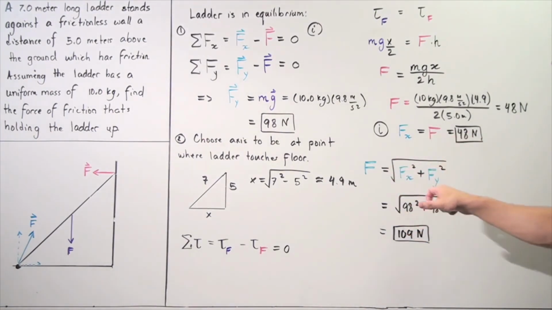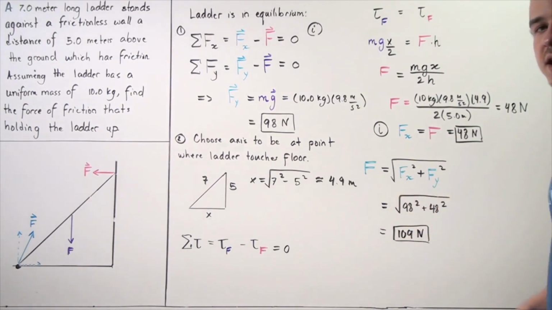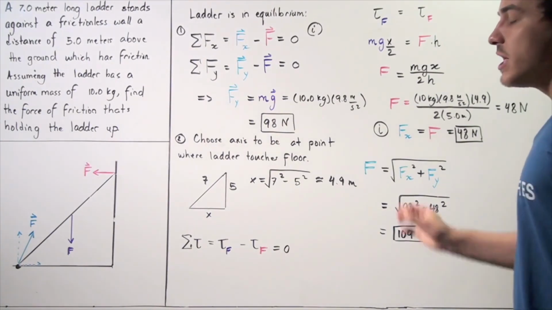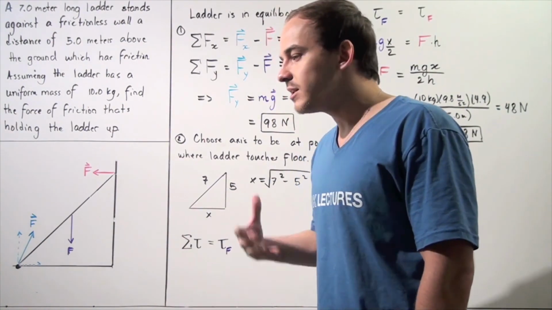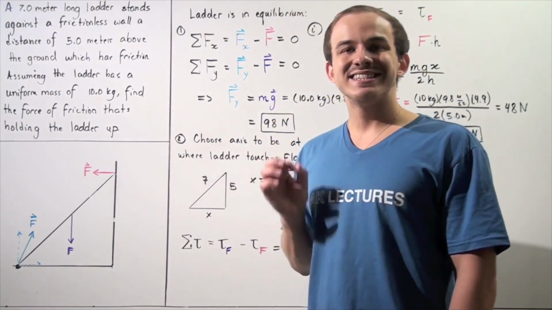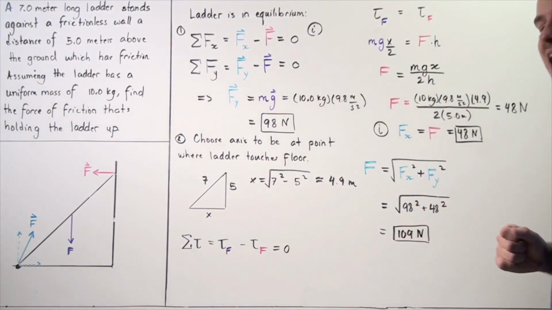We get 98 squared plus 48 squared. We take the square root of the sum and we get approximately 109 newtons. So the force of friction that's created by the ground on the ladder, that's holding the ladder up, that's creating static equilibrium, has a quantity of 109 newtons.